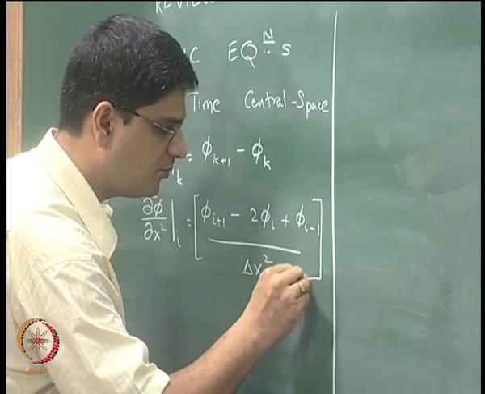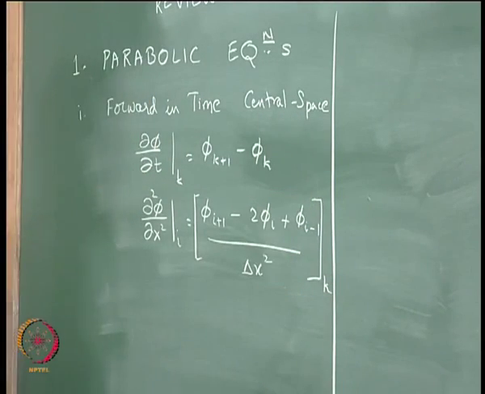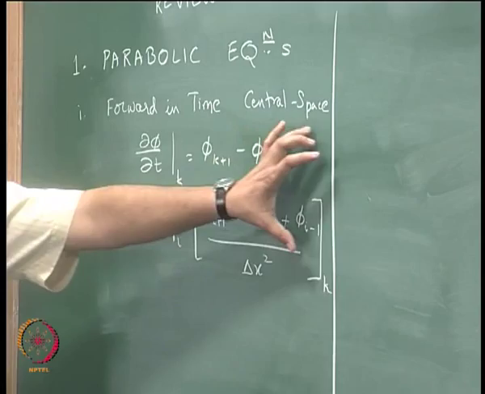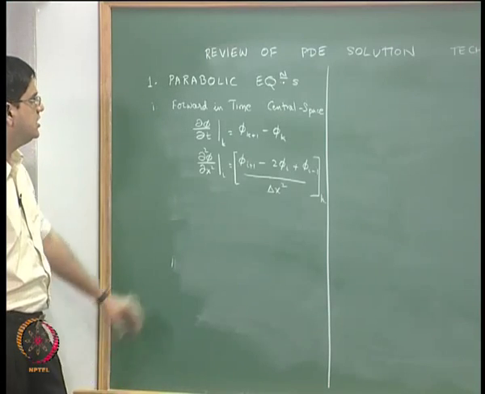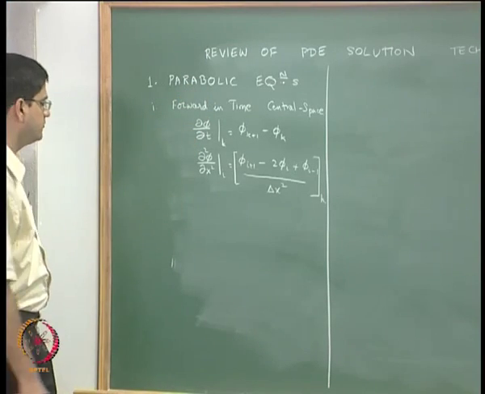This was computed at the previous time k. Okay. This was the forward in time, central in space method, which can be used for parabolic equations.